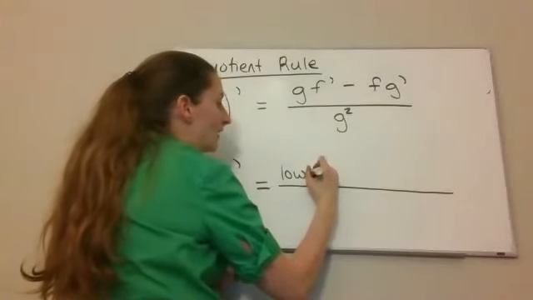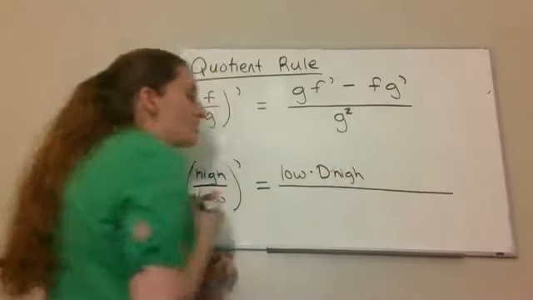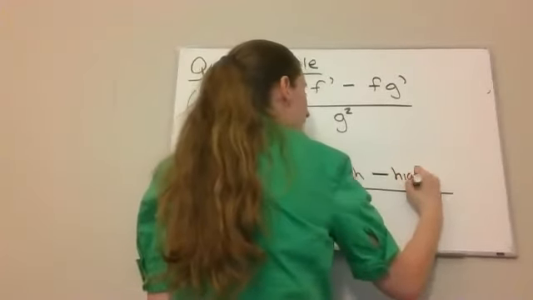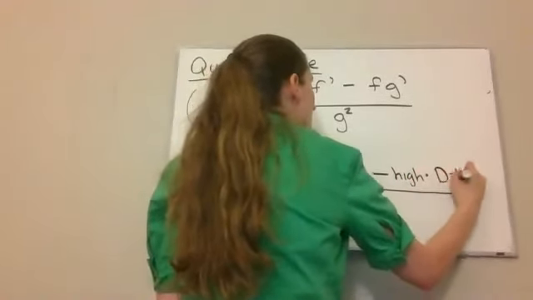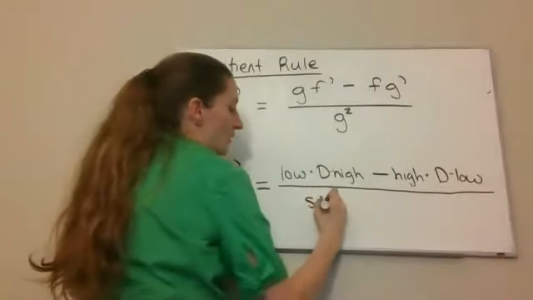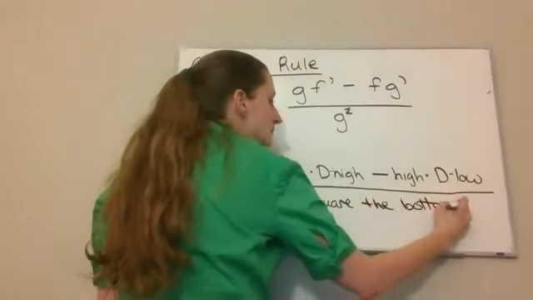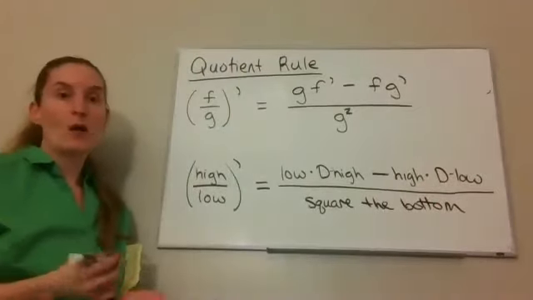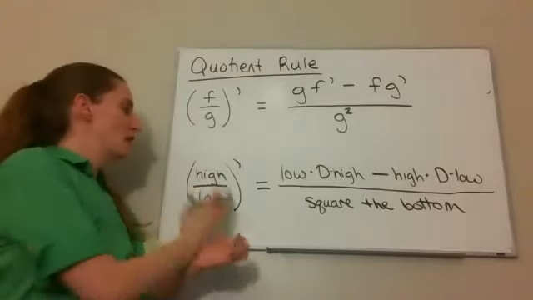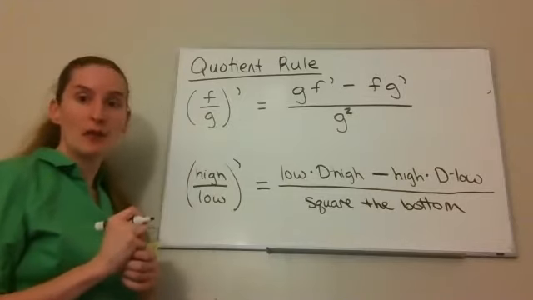So I'm going to say d high to be the derivative of the high, minus high d low to be the derivative of the bottom. Square the bottom, and away we go. So our quotient rule becomes a sort of math hoedown, if you will. The derivative of the quotient is low d high minus high d low, square the bottom, and away you go.